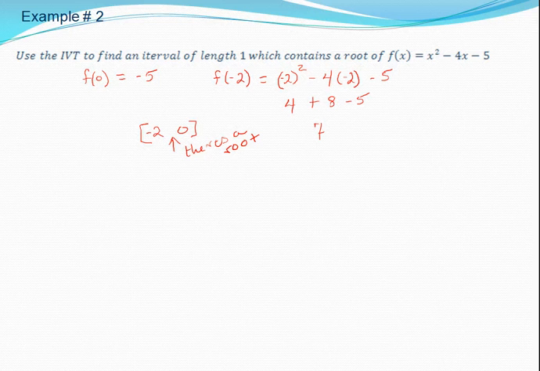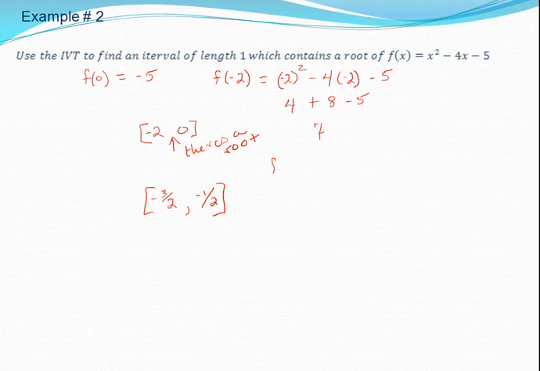So I'm going to come in, a half a unit, because I just want to get a unit in between. So if I cut my interval down and I'm going to check it, I'm going to take -3/2. That's -1.5. And then I'm going to bring my 0 in to the left at -0.5. And then I'm going to check it.